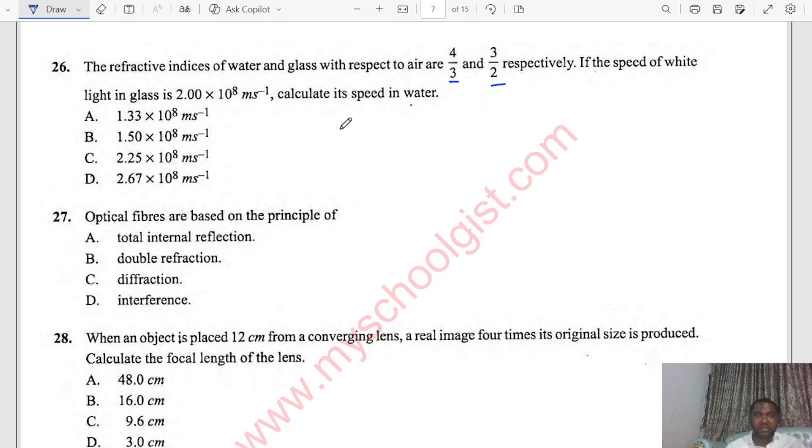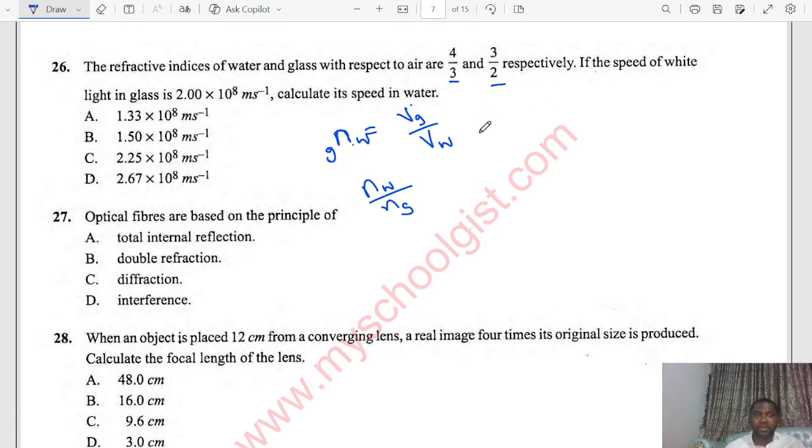Okay, now you know that the refractive index as you go from glass to water is supposed to be the velocity of light in glass over the velocity of light in water. And the refractive index from glass to water means refractive index of water divided by refractive index of glass.